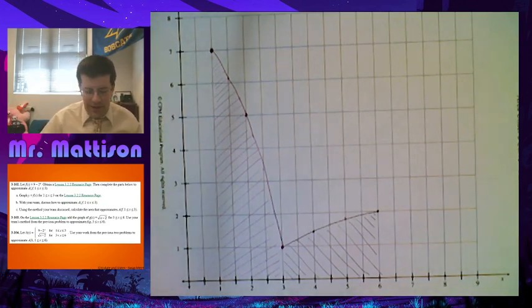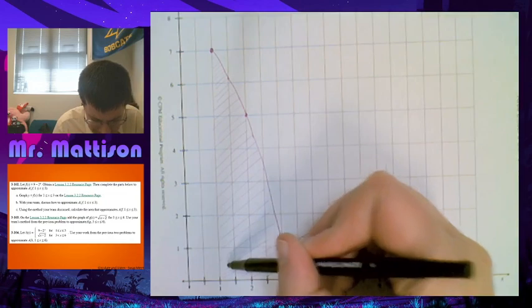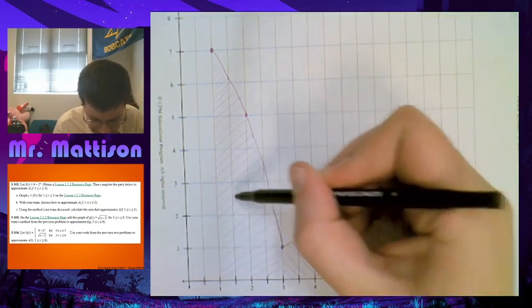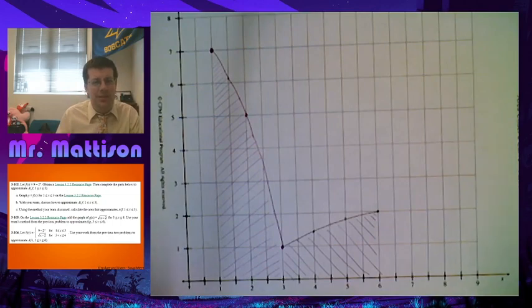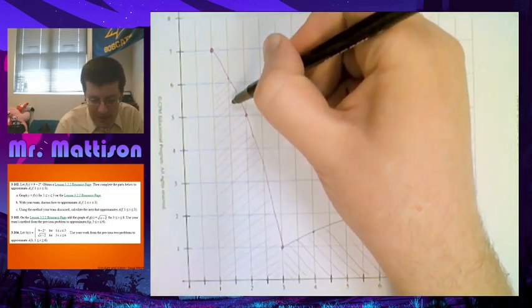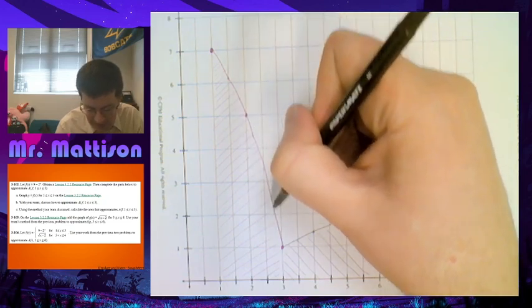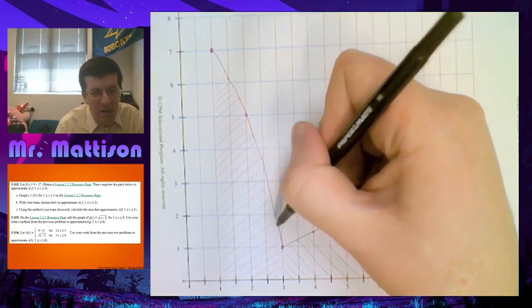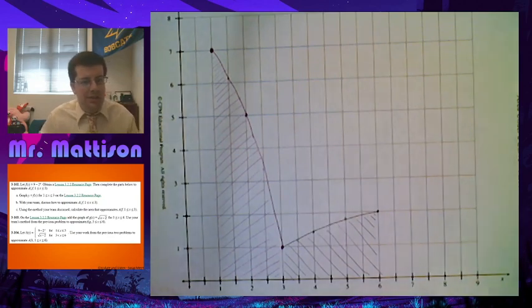So what you likely can do is say, well, I can kind of count the number of boxes here. So I have like 1, 2, 3, 4, 5, 6, 7, 8, 9, 10, 11, 12, 13, 14, 15 whole boxes, right? But then I have maybe like half and half, so maybe now we're at 16. Here's like a half, and maybe those two together are a half, so now we're at like 17. Maybe this is like, I'm saying a little bit under 18, so I'll say I have 17.75 boxes, okay?